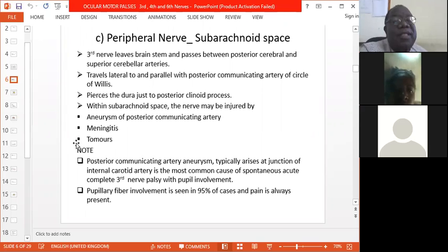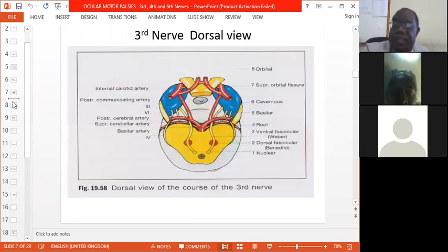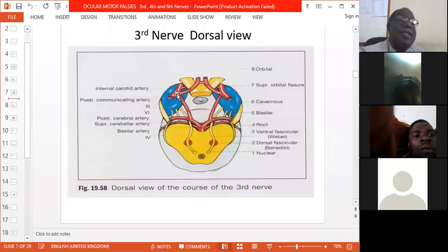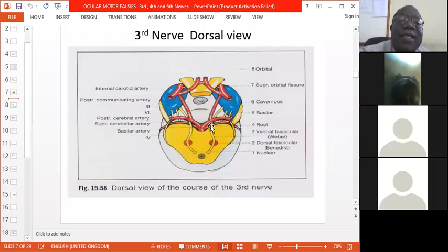Posterior communicating artery aneurysm typically arises at the junction of the internal carotid artery and that. Now go to the diagram. This one. So it comes in between these two vessels, goes parallel, then enters the cavernous sinus.